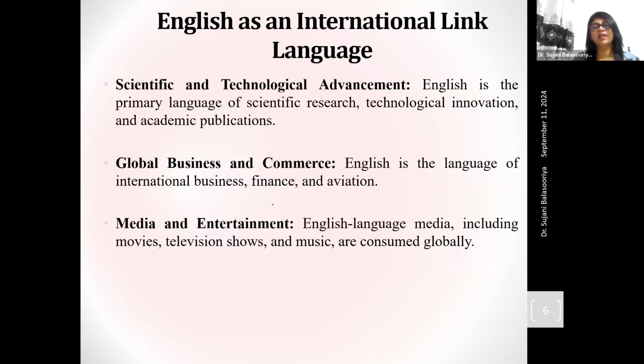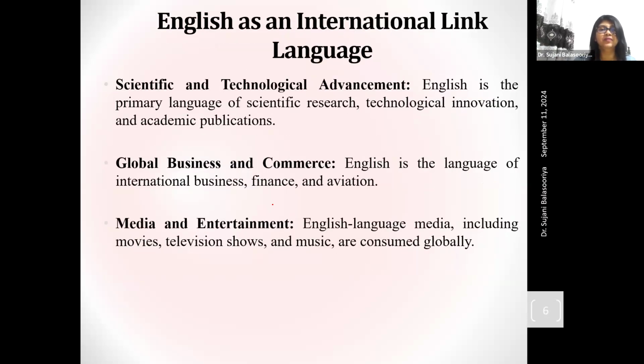So day by day, no doubt, the value and the demand for English is increasing. So what is the result? English is establishing this domineering position strongly, more and more strongly. That is the idea, right?